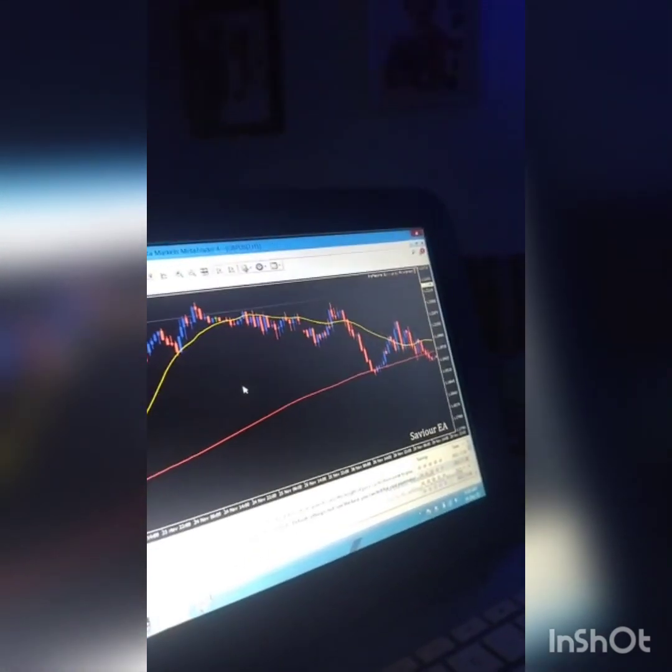So three things are supposed to be close to each other like this: the price, moving average 20, and moving average 200.